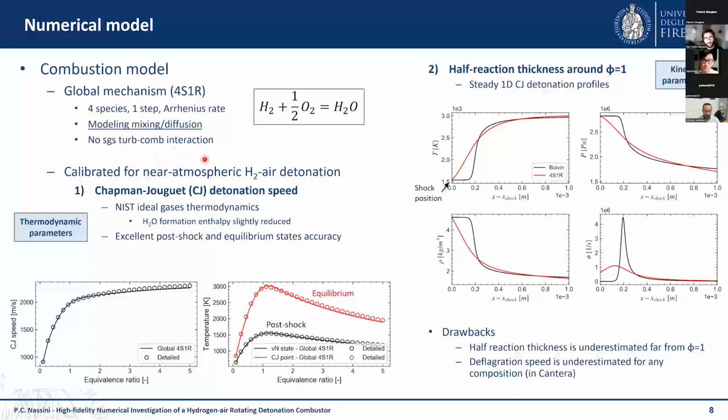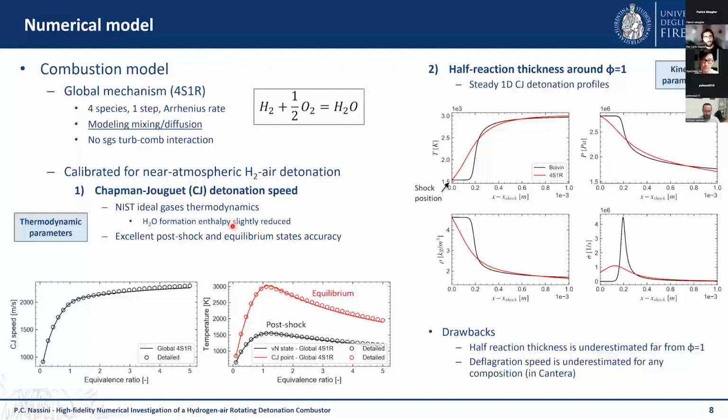In our model, we are not accounting for subgrid turbulence and combustion interaction, because in the literature, and also in our experience, the interaction between a turbulent combustion model and the detonation front is still not so clear. So we decided not to use turbulence combustion interaction at all.